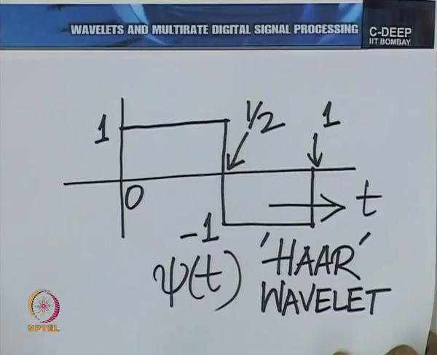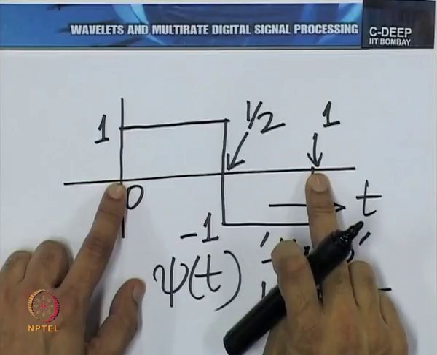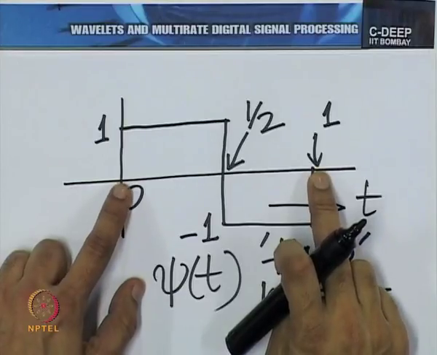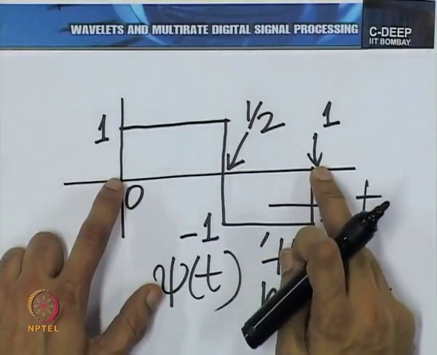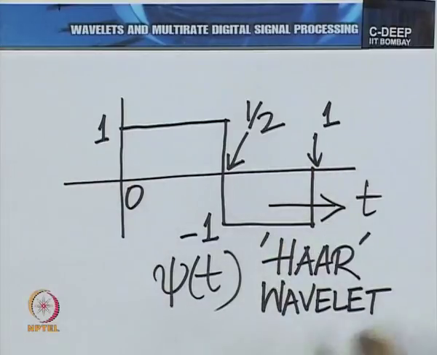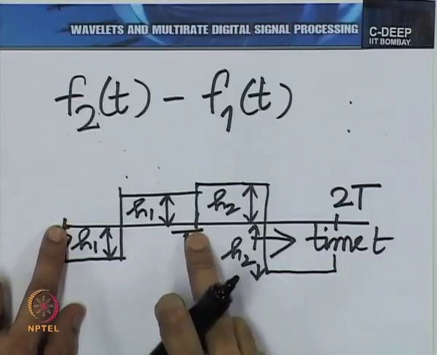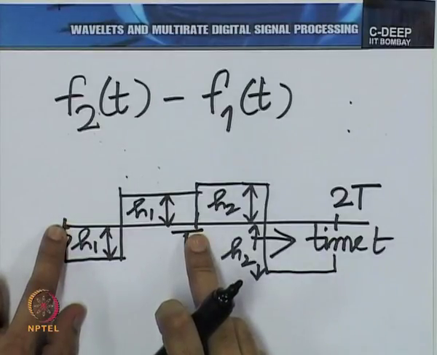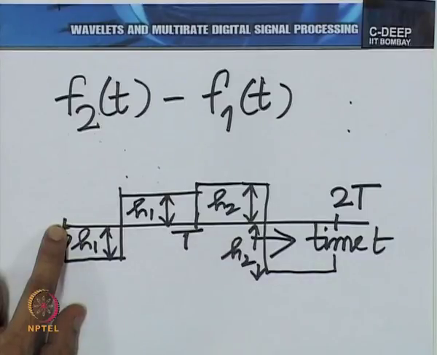Indeed, if I were to take this function, stretch it or compress, whatever might be the case, depending on the value of capital T, dilate is the more general word. So, if I were to dilate this function to occupy an interval of T and bring it to this particular interval of T. So, I dilate that function psi(t) and bring it to this interval of T, and then I multiply psi(t) so dilated by the constant h1.